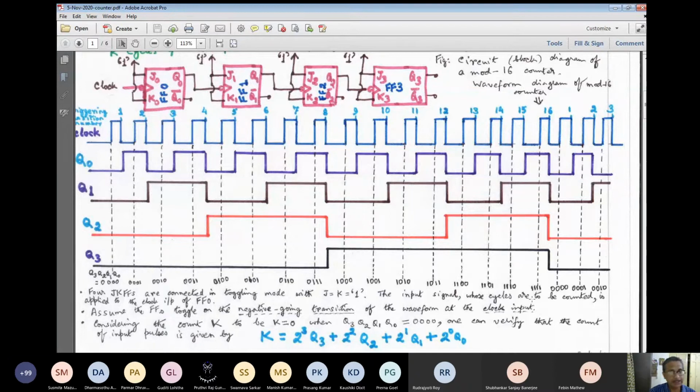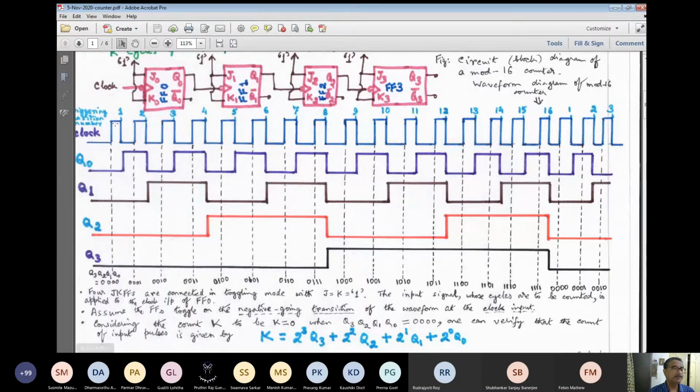So the input signal whose cycles are to be counted is applied to the clock input of the leftmost flip-flop here, FF0. Assume the flip-flops toggle on the negative going transition of the waveform at the clock input. And the count we consider to be k equal to 0 when all of them are all 0.